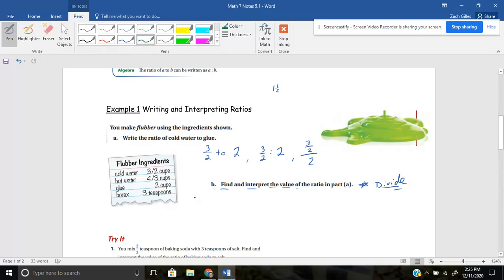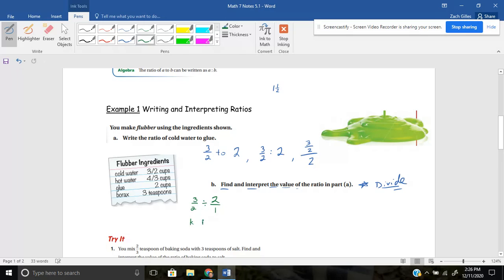Remember, it can be helpful to write it out sideways, or horizontally. 3/2 divided by 2. Remember, you can write any whole number as a fraction by putting a 1 in the denominator. And then go back to 6th grade and remember how to divide fractions.